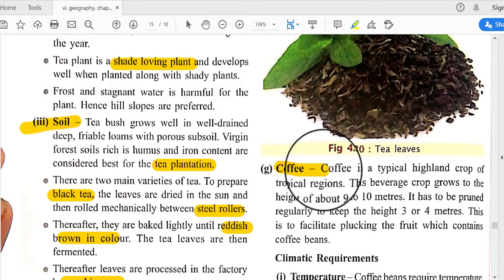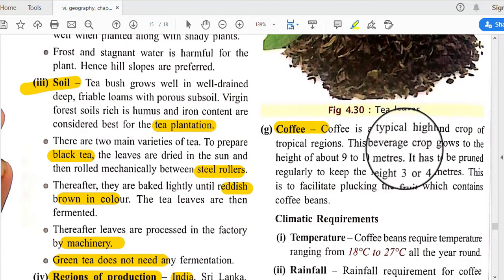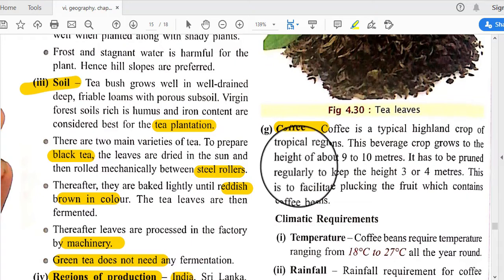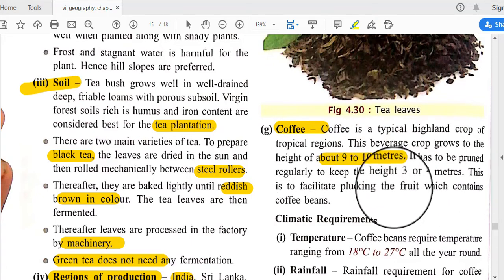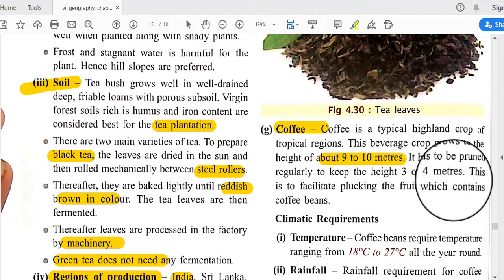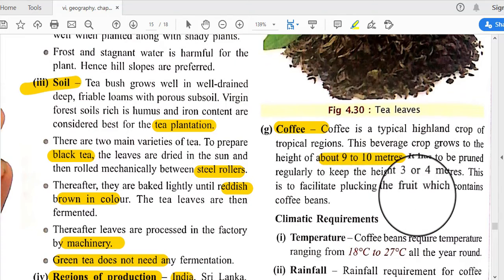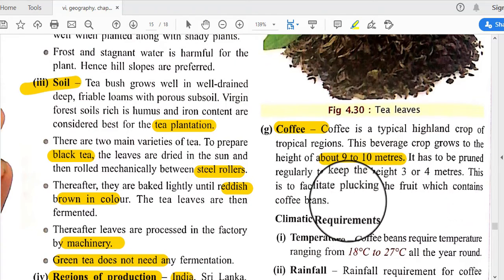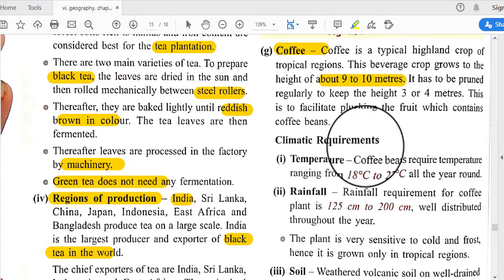And next is coffee. Coffee is a typical highland crop of tropical regions, and this beverage crop grows to a height of about 9 to 10 meters, and it has to be pruned regularly to keep the height at 3 to 4 meters, to facilitate plucking the fruit which contains coffee beans. And what is the suitable climatic condition?